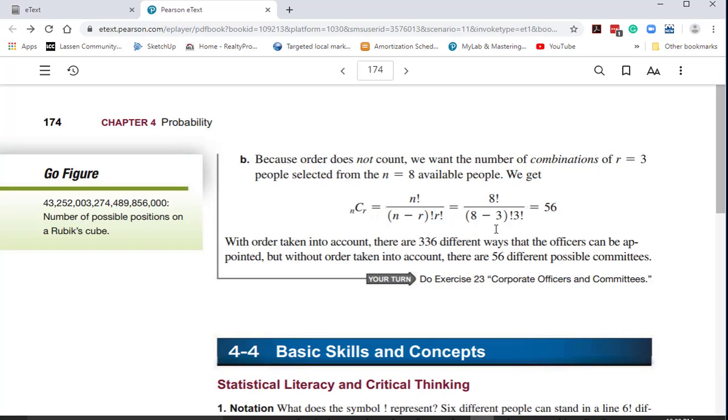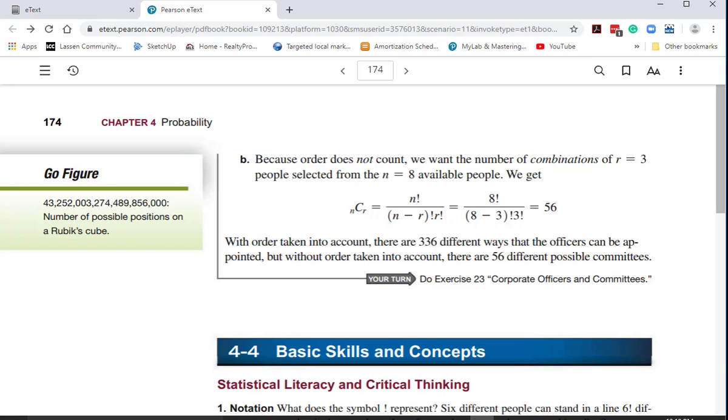What is it? 8 times 7 times 6 times 5 times 4, times 3 times 2 times 1. That's 8 factorial. And this one is out of 8 minus 3. I have 3 choices out of 8. It's going to be 56.